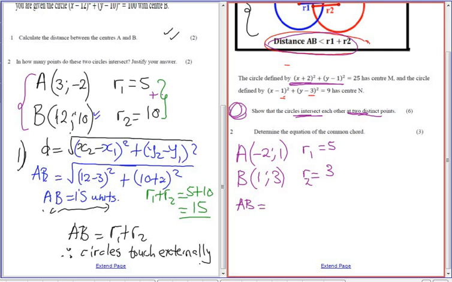So since we already know the distance formula, I'm not going to waste your time. Let me rather start with saying -2 minus 1, x2 minus x1, plus y2 minus y1.